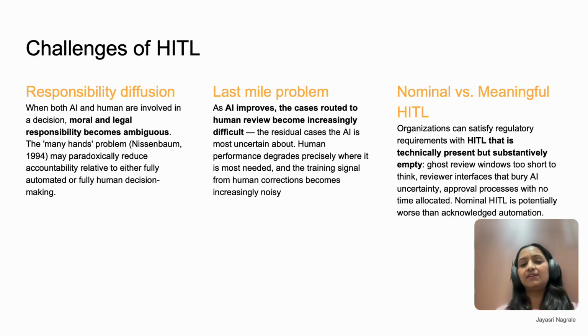Let's say the AI is able to handle 95% of the cases properly, and only the most difficult ones come to the humans, which becomes increasingly difficult as time goes by and as AI improves. And lastly, we need to also ensure that HITL is not introduced into AI cycles just for the sake of it because it's a regulatory mandate. HITLs, when introduced, need to be put in places where the human input would actually make a difference.